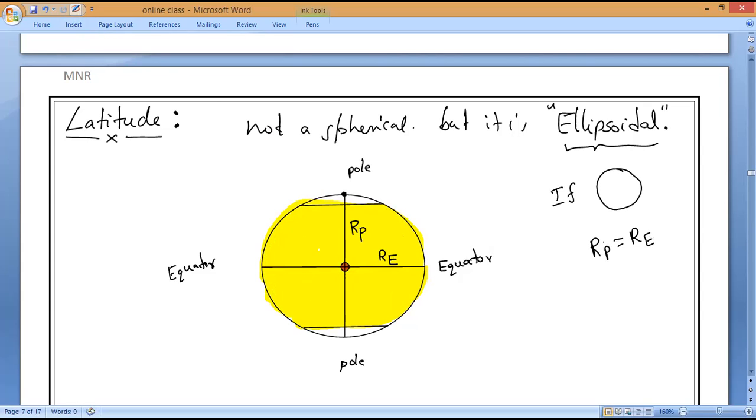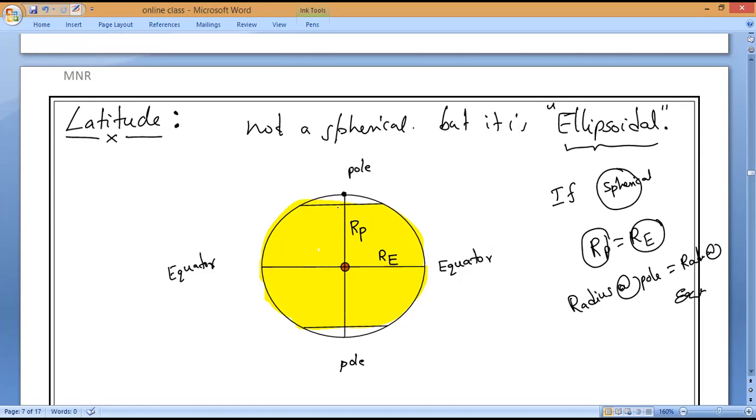Is it right or wrong? Radius at poles equals radius at equator. Yes, sir, when I consider Earth to be spherical in shape.